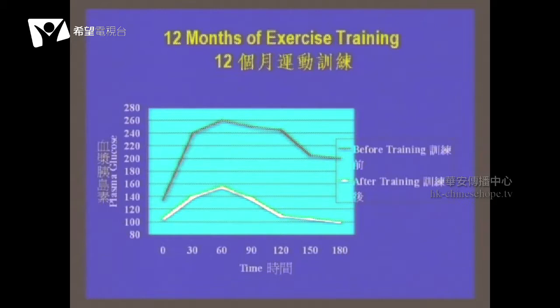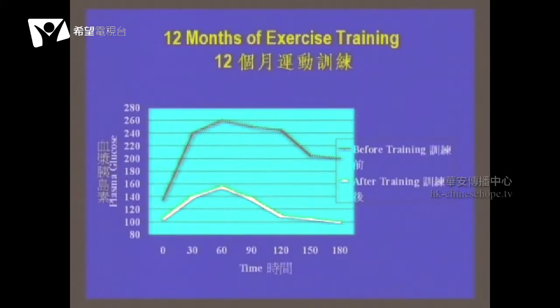In this graphic, the upper curve is before the program and means that all the participants have diabetes. After 1 year of everyday exercise, they did another curve, which is the lower curve, and they got a normal curve.